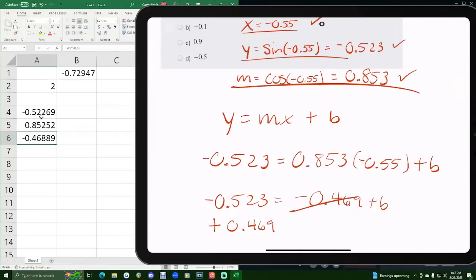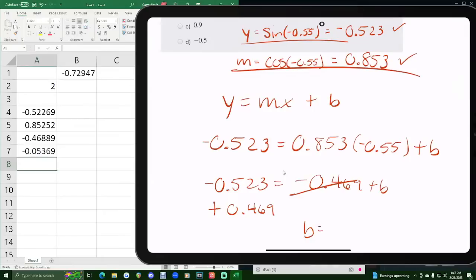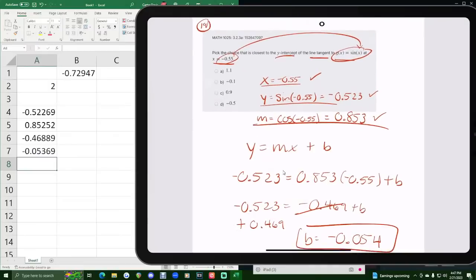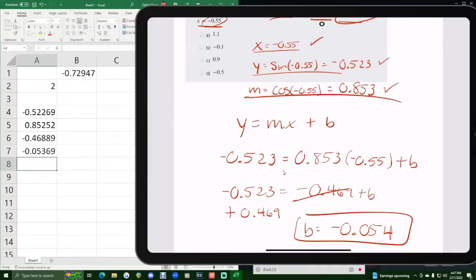So we'll do negative 0.523 right here, plus 0.469. We get about negative 0.054 maybe. Let's see what we have for options here.